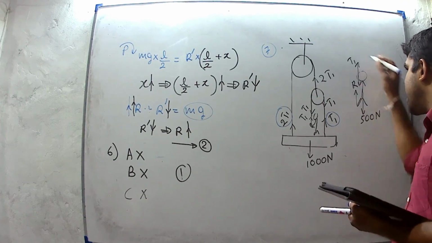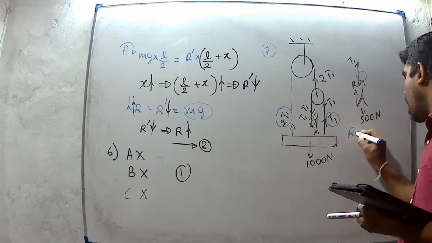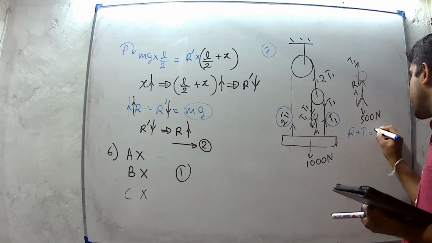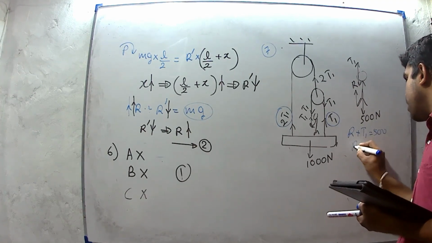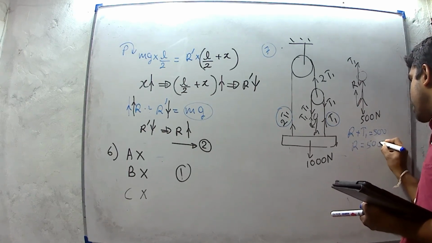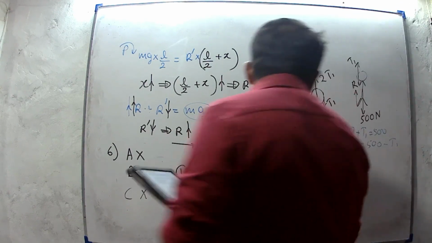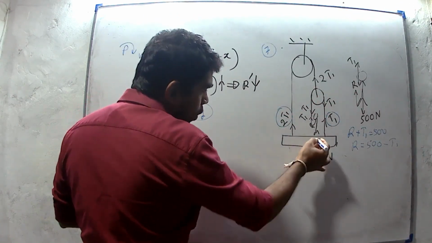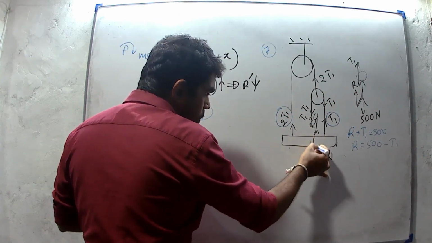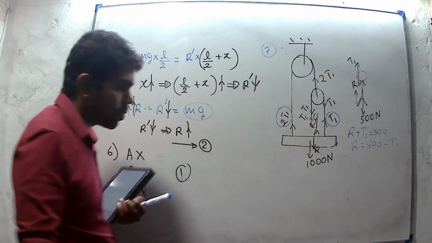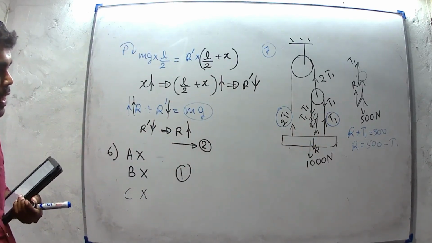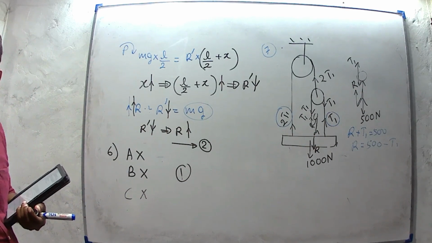We can consider the equilibrium of the man. R plus T1 equals 500. I will write R equals 500 minus T1. Now we can see there is another force on the platform. It is the reaction. The full weight is not acting on the platform.